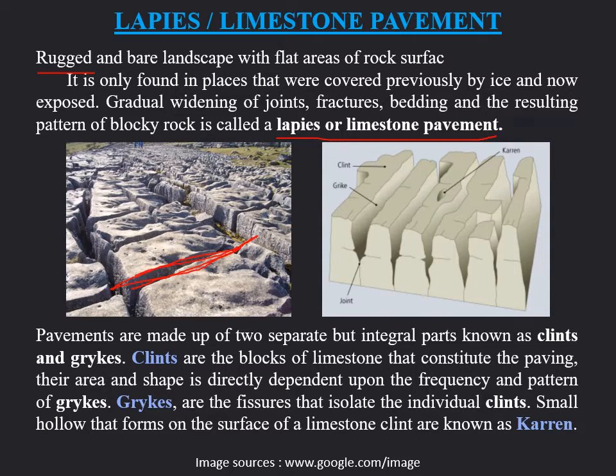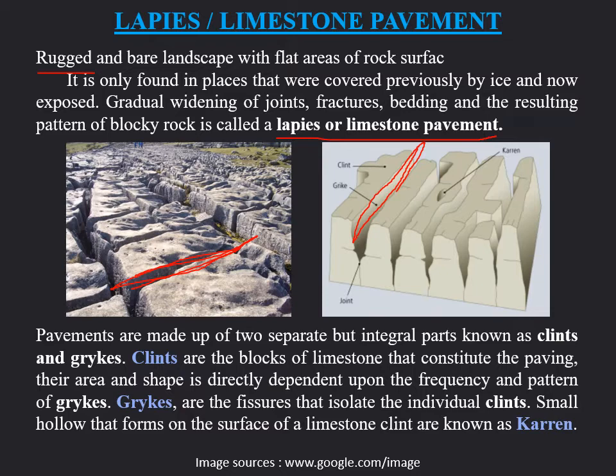As you can see here, these are the linear fissures. These are basically joints or fractures or bedding planes along which the acidic water runs through and enhances the solution process, enhances the chemical reaction time after time.